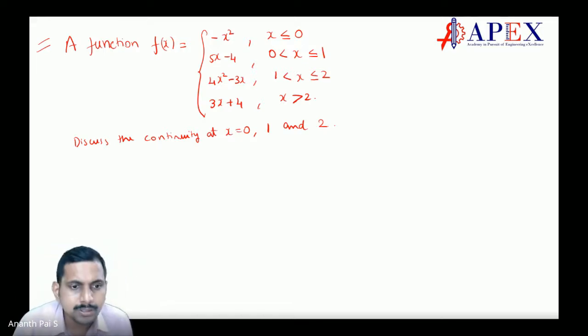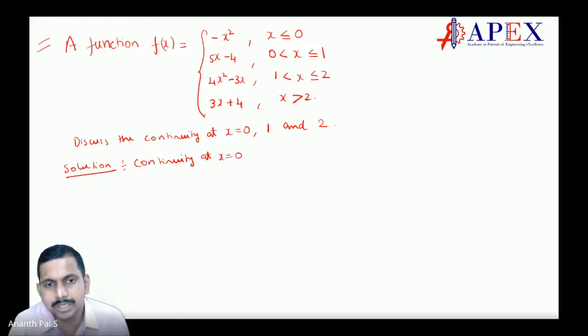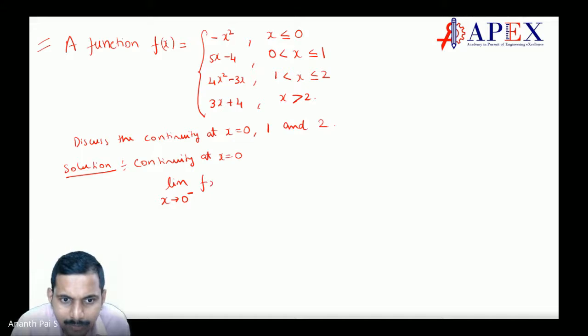So first, the solution. Continuity at x is equal to 0. Let us check that. Left hand limit: limit x tending to 0 minus f of x is equal to, when x is less than 0, you should take minus x square.